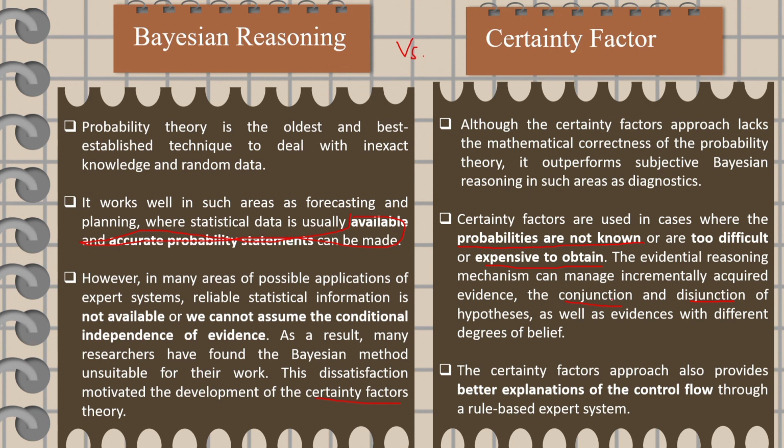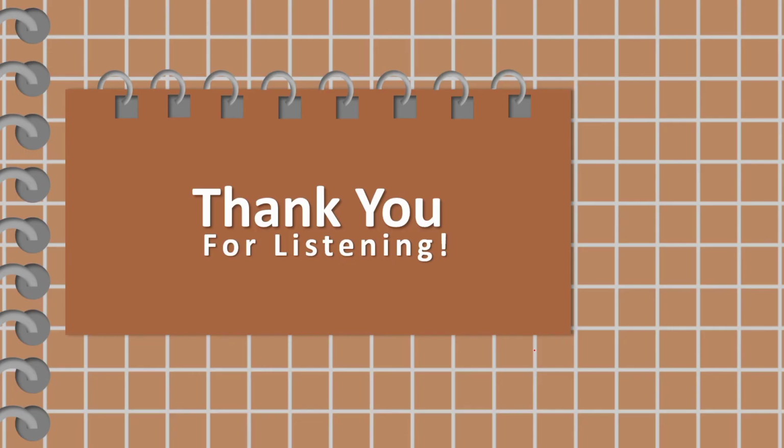So these two are for getting the hypothesis. And next, the certainty factors approach also provides better explanations of the control flow through a rule-based expert system. And that's all. Thank you for listening.